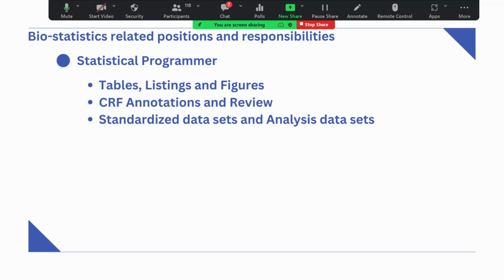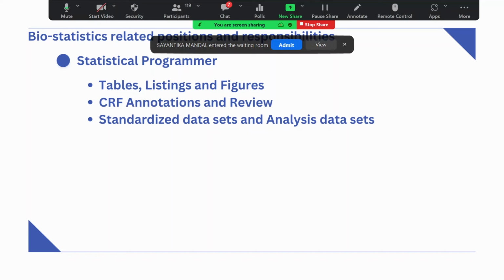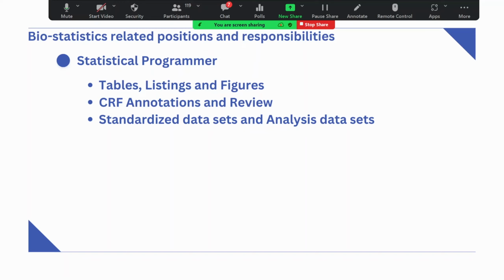Sometimes writing programs known as edit checks to generate output that is used for data cleaning and data review. Writing programs to perform the statistical analysis and generate ad hoc outputs. Creating analysis data sets containing derived variables and writing programs to validate outputs and data sets produced by others.